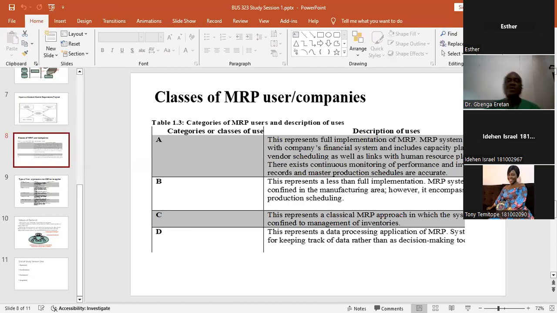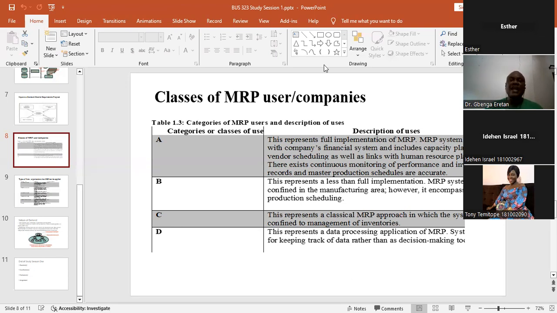We have category B. Category B is a company, a user that does not practice material requirement planning in totality, but they practice it partially. They put some of those things in the system, some of those things are not in the system. You go to some supermarket, some products can be scanned, some products cannot be scanned. But in a proper supermarket, all products, including toothpick, can be scanned.